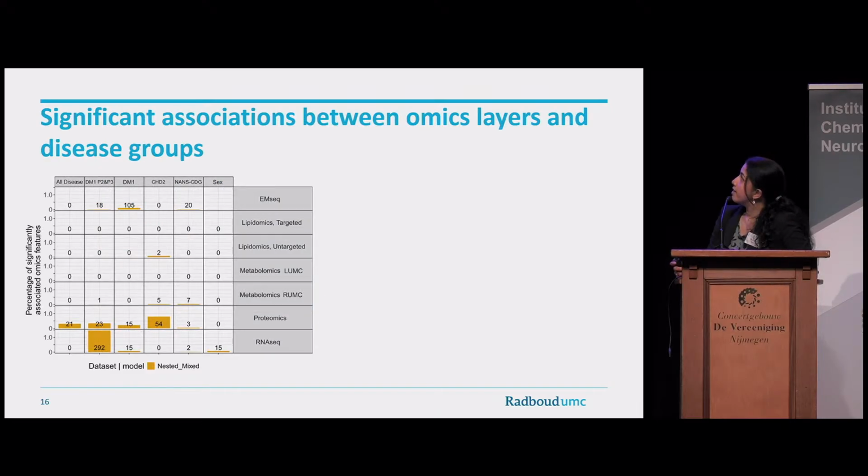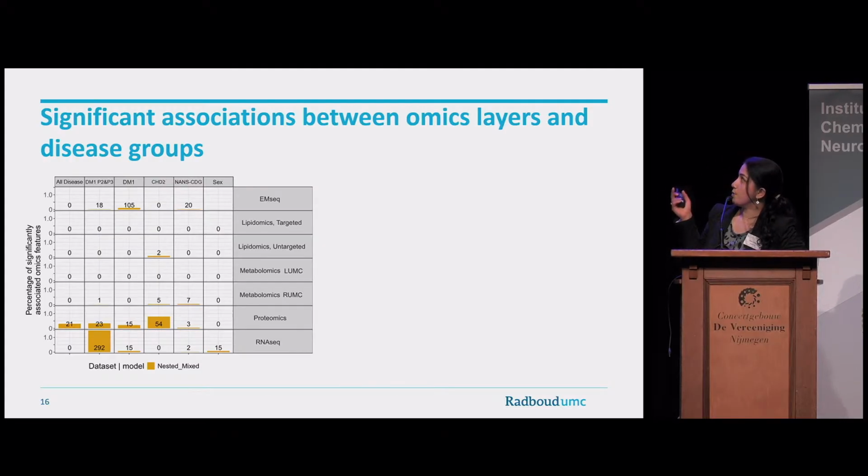So here you see this plot, I'll take you through it. On the y-axis, you will see the percentage of significantly associated omics features per omics layer. On the x-axis, you will see all the different contrasts: all diseases versus controls, DM1 patient 2 and 3 versus controls, DM1 versus controls.